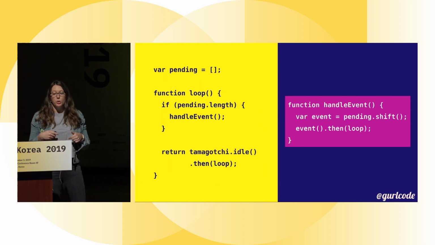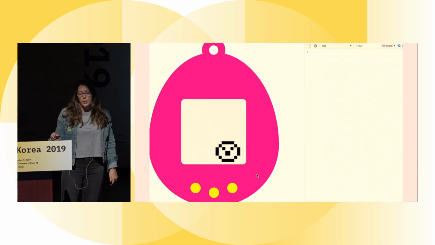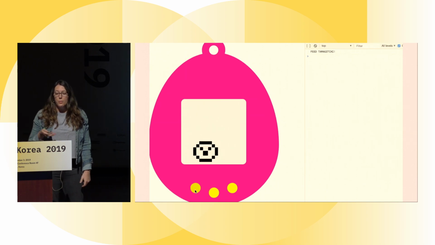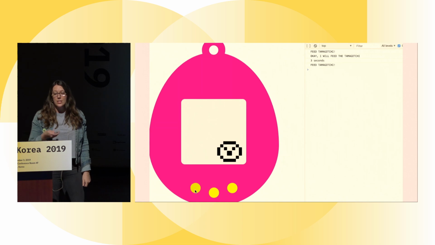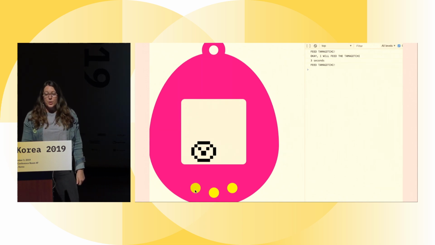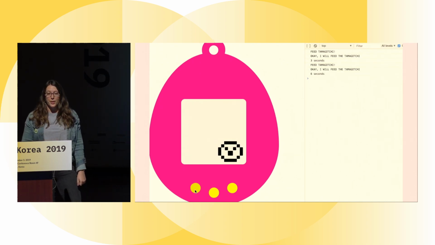Otherwise, we're going to continue the loop until the next event. And unfortunately, the problem that I found was that this just doesn't work. So I'm requesting to feed the Tamagotchi, but the feed animation is actually delayed until the idle animation completes. So this can be upwards of 7 to 8 seconds, and this is not going to work.